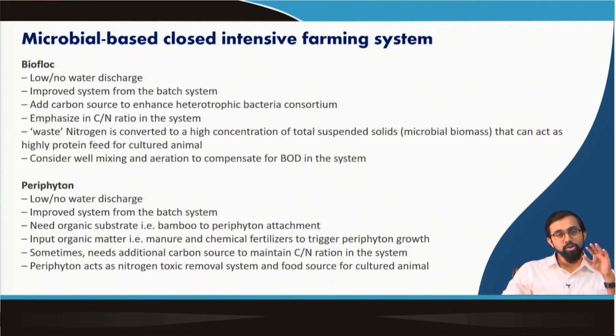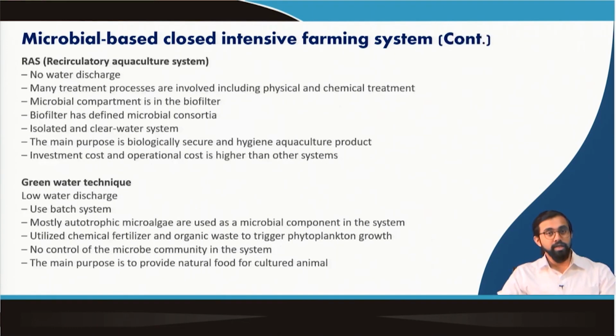So, you need to provide a carbon source as well, to maintain a proper carbon to nitrogen ratio, so that the periphyton will find it very pleasant to have the food, and they will consume it more and reproduce, and this periphyton will act as a food source for the cultured animal. So, you are removing the nitrogen from the system, and on the other hand, you are providing a food source for your cultured animal.